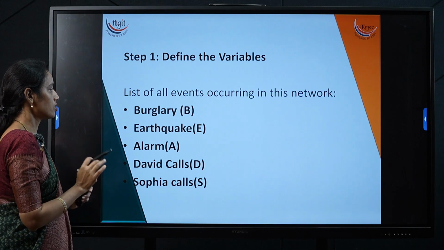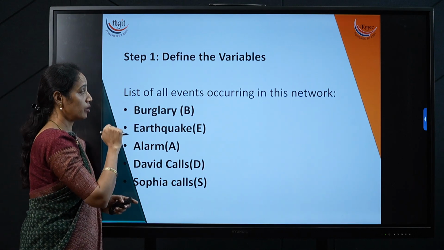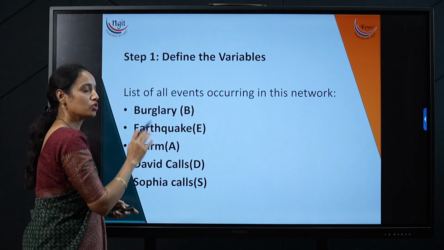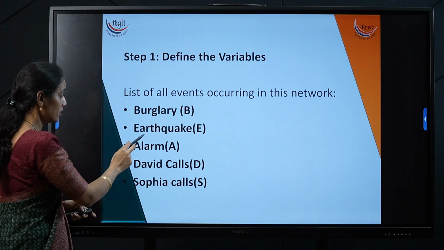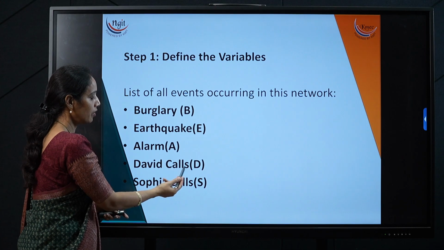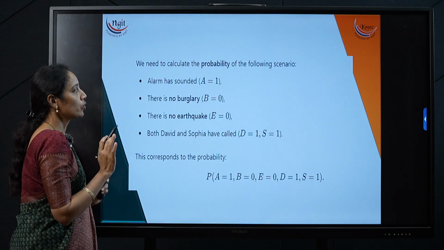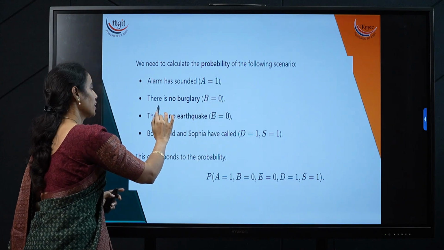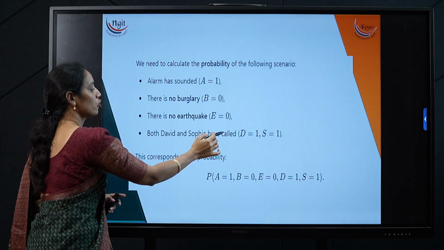And the very first thing to find the solution of this one is we have to define the variables. First, we need to list all events occurring in this network. So what are all the events occurring in this network? One is burglary, one is earthquake, alarm, David calls, and Sophia calls. So we need to calculate the probability of the following scenario: the alarm has sounded, but there is no burglary, there is no earthquake, and both David and Sophia have called.